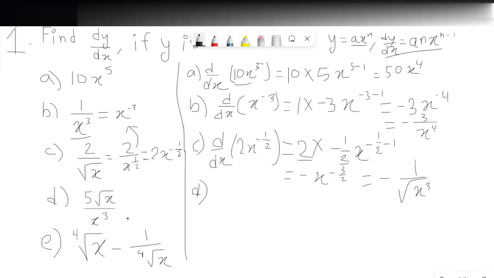So for number d, there are 2 terms of x, so we initially have to simplify this and get a single term for x in the form of y equals to ax to the power n.